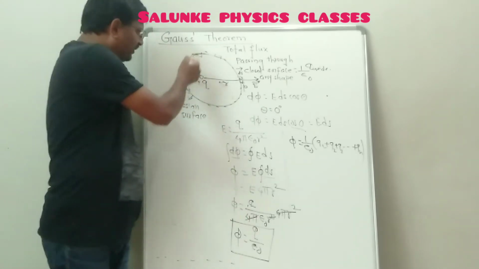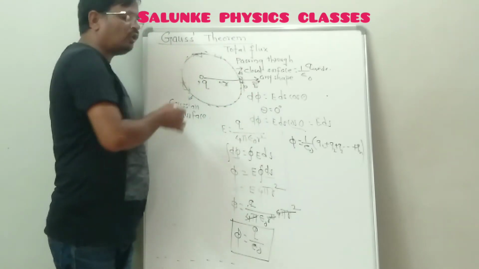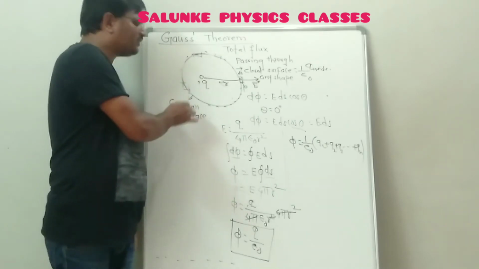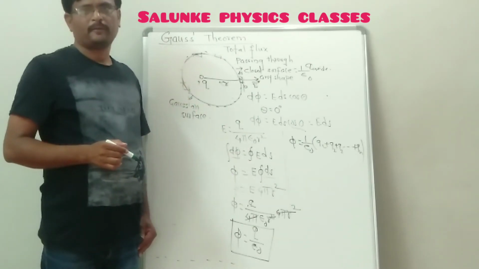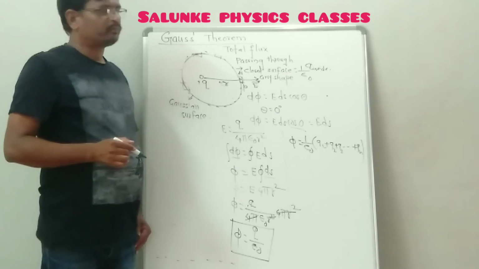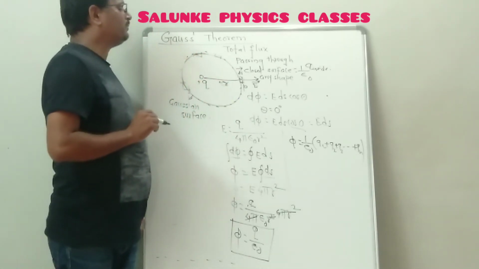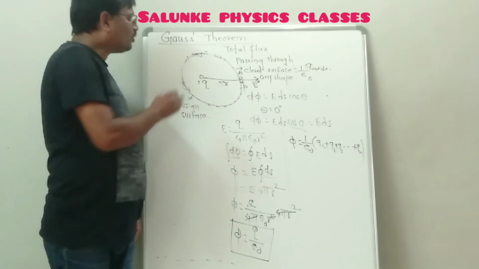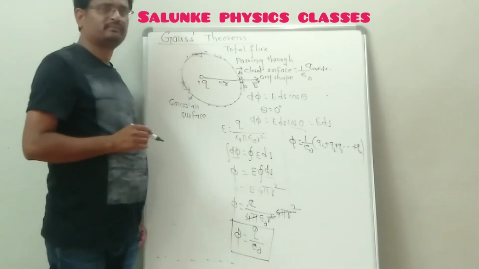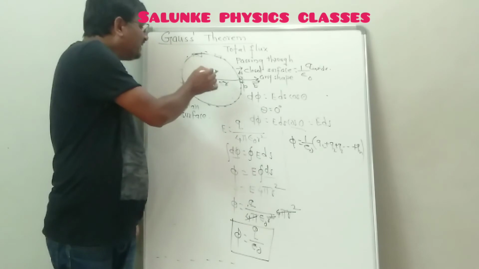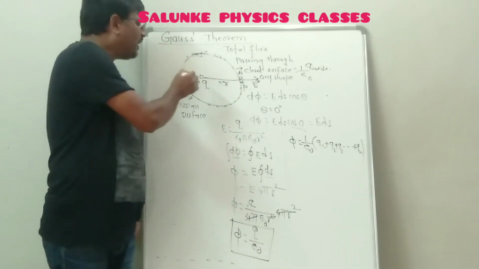We choose the surface for Gauss law, that surface is known as Gaussian surface. Gauss law is used to find out electrostatic field at a point, at a distance due to point charge.